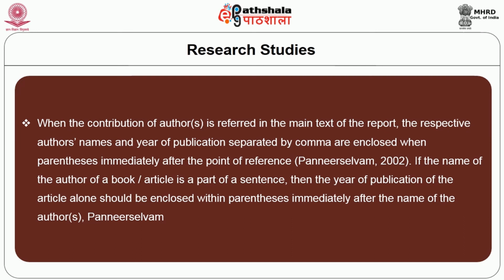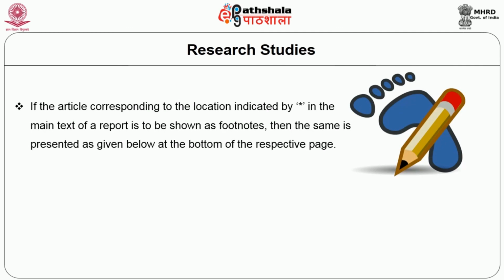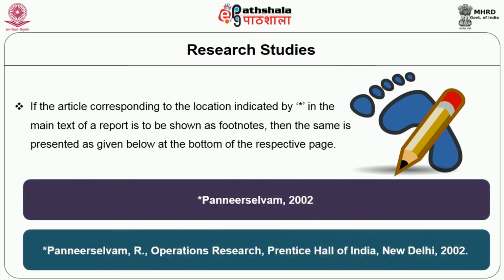The example is given. If the article corresponding to the location indicated by a star in the main text of a report is to be shown as a footnote, then the same is presented as given below at the bottom of the respective page. The example is given below.